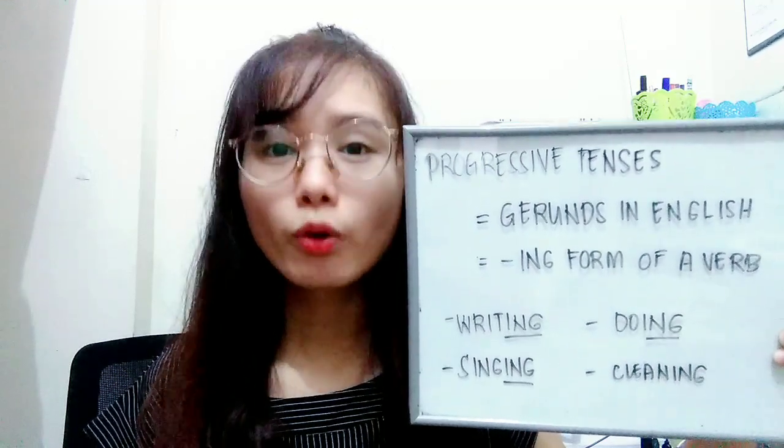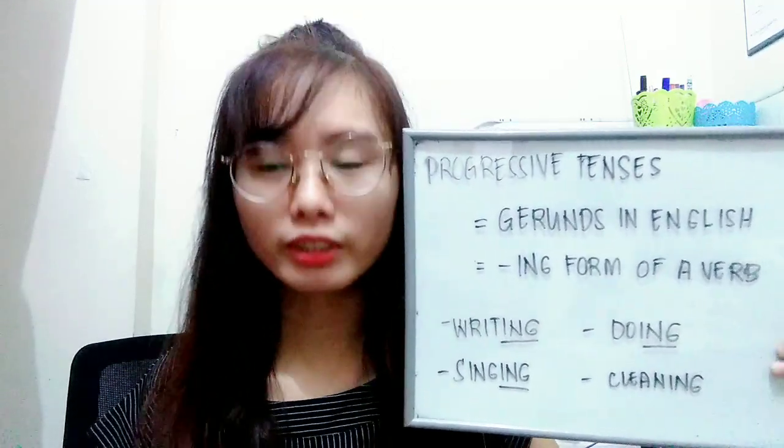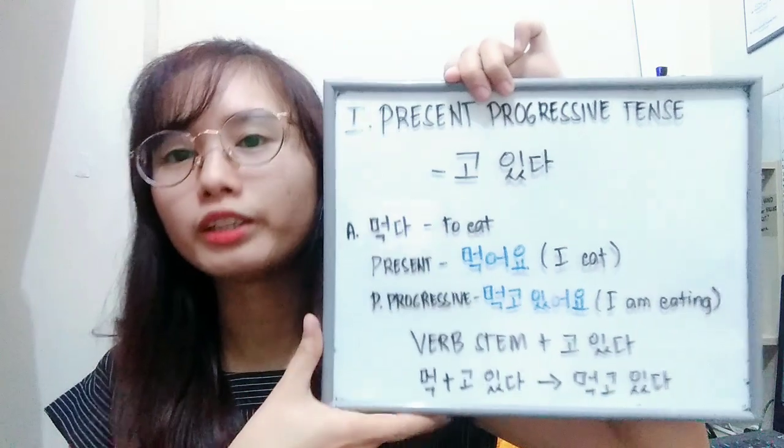Let us start with the present progressive tense. First, bakit kailangan natin ng present progressive tense wherein we can just use the simple present tense? So, ngayon, i-compare natin yung simple present tense and then the present progressive tense. Okay, that's for number 1.